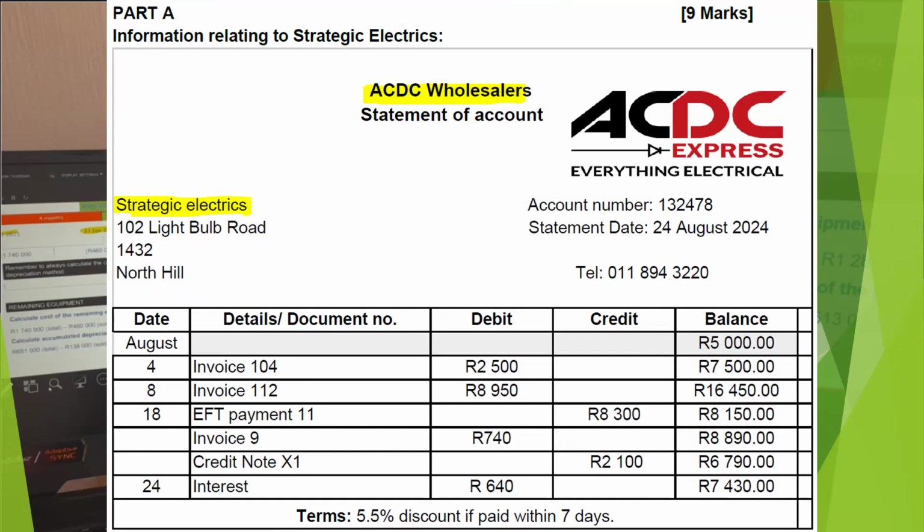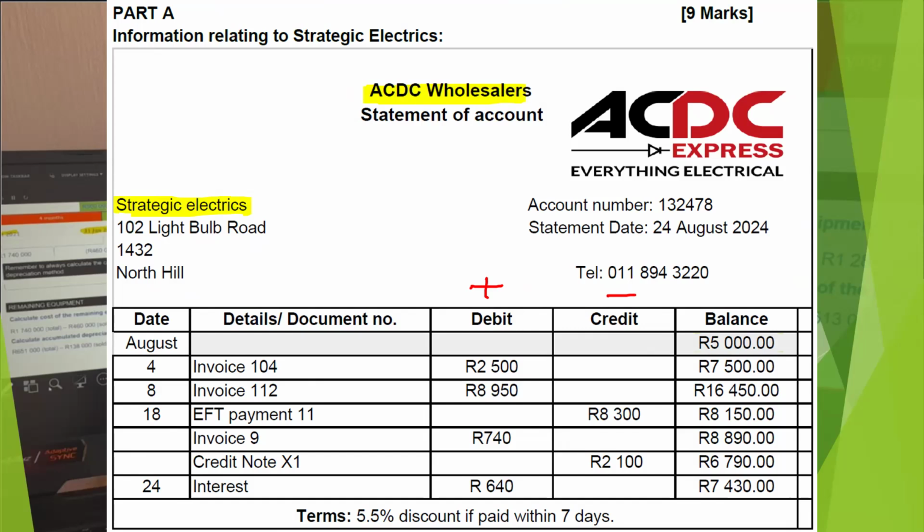From AC/DC wholesalers, strategic electric will be a debtor. Because this is the statement that was prepared by AC/DC wholesalers, the debit will be a plus since this will represent your debtor's ledger. So the debit will be a plus and the credit will be a minus.